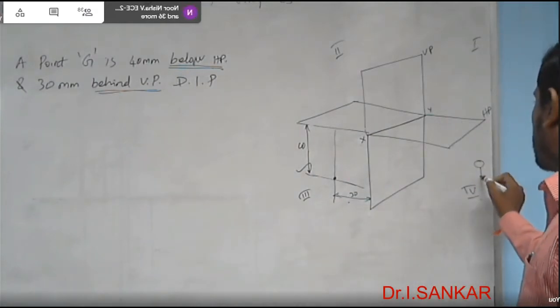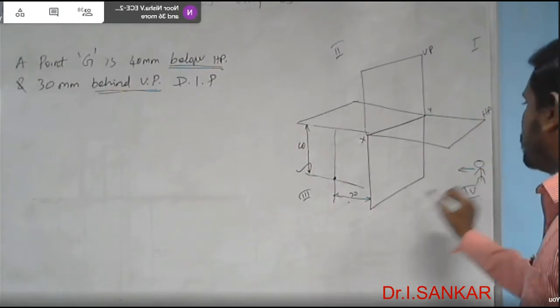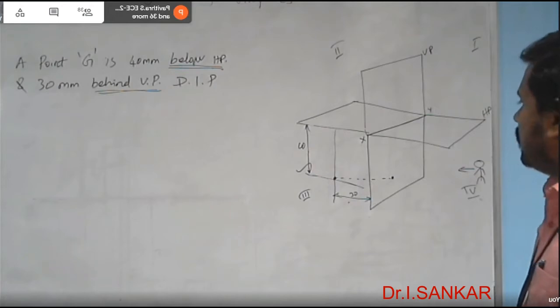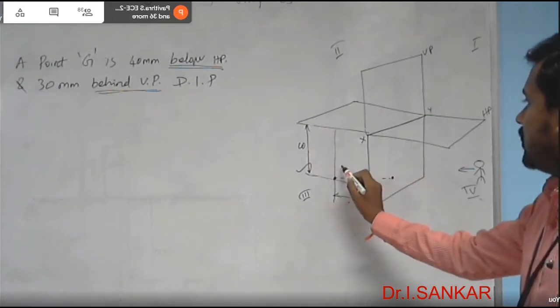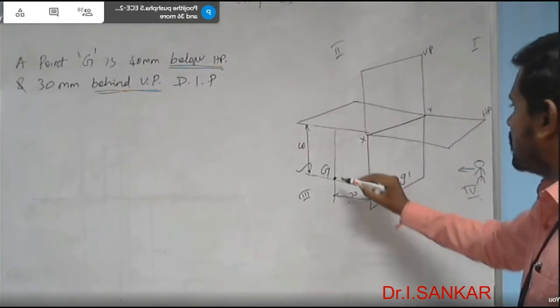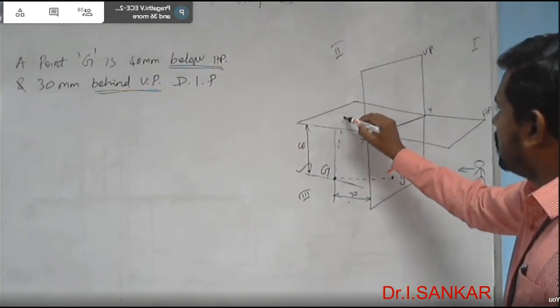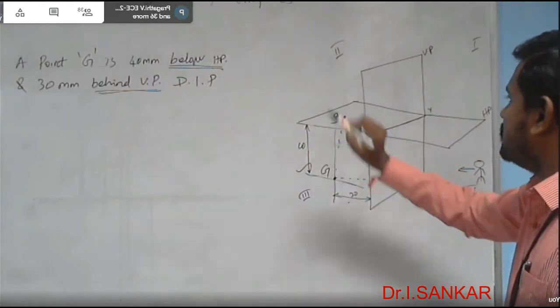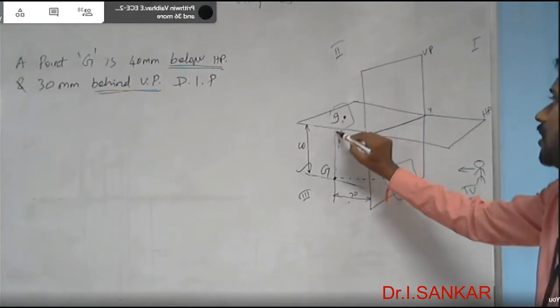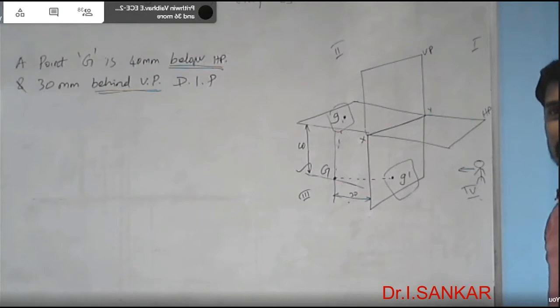You're supposed to draw the front and top views of the point. The front view of the point will be obtained in the vertical plane here as G dash, and the top view will be obtained in the horizontal plane as small letter g. Okay, G dash and G are the front and top views of the point.